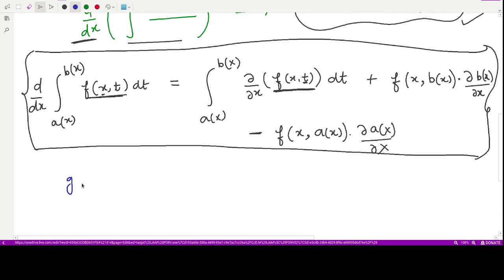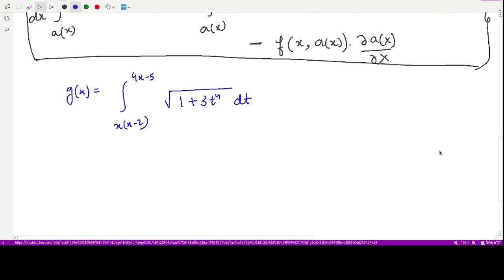So we have g of x equal to the integration from x minus 2 to 4x minus 5 of square root of 1 plus 3t to the power 4 dt, but we are required to calculate g dash x. For that we are applying this Leibniz rule.